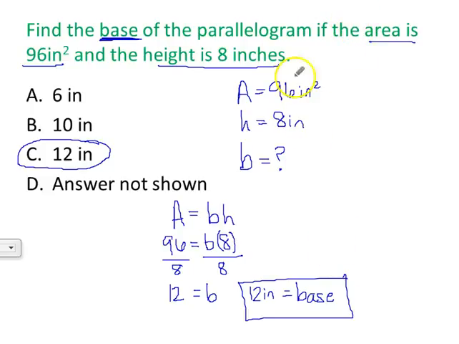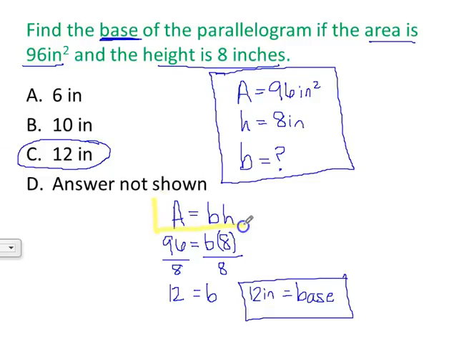So first start by writing down what's given and what you're trying to find. Always start with writing down the general formula of whatever figure you're working with, and then start substituting underneath the given information. That's keeping yourself organized, and you can't go wrong that way.